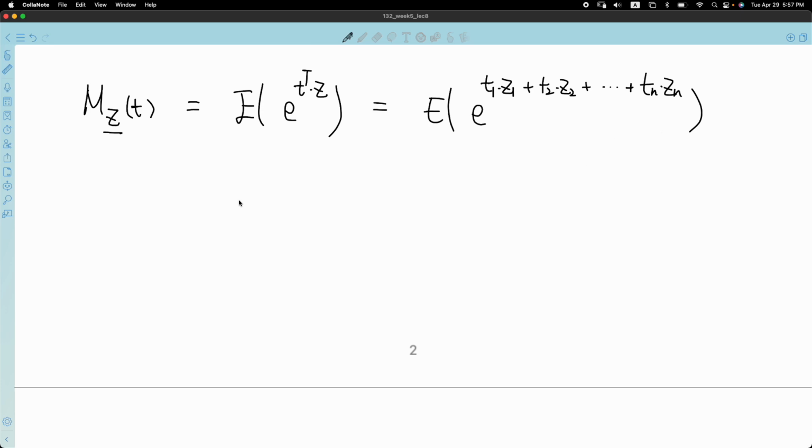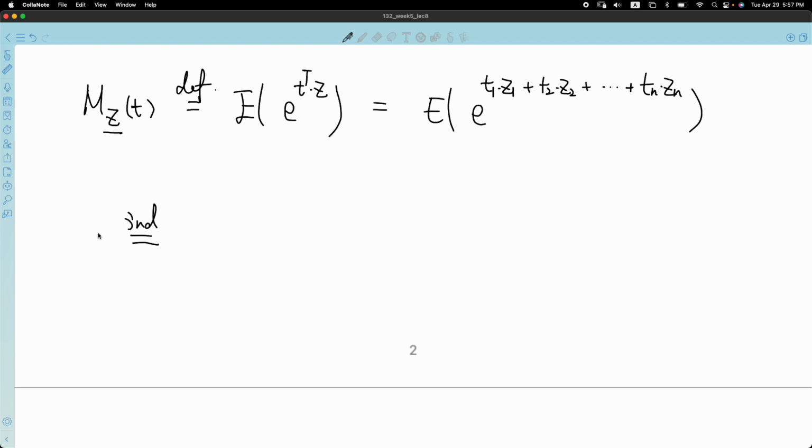One thing that we just mentioned about the multivariate standard normal is that the elements are independent. For this equal sign, let me put independent.